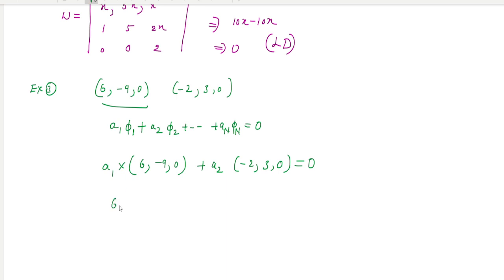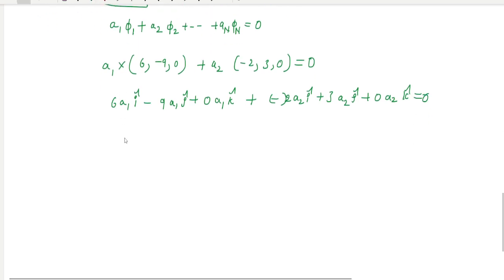So 6 a1 i cap minus 9 a1 j cap plus 0 a1 k cap plus minus 2 a2 i cap plus 3 a2 j cap plus 0, be careful here, a2 k cap is equal to 0.